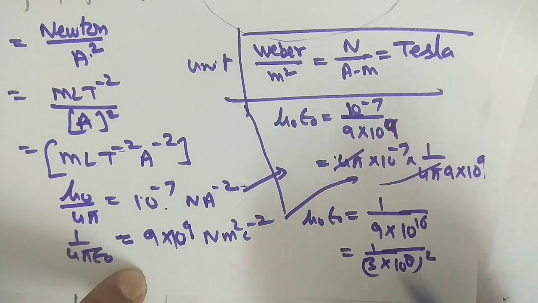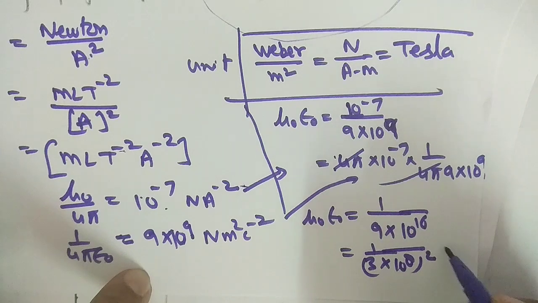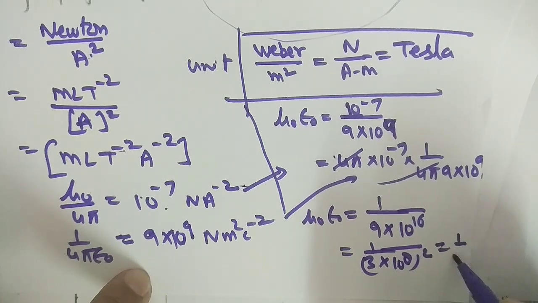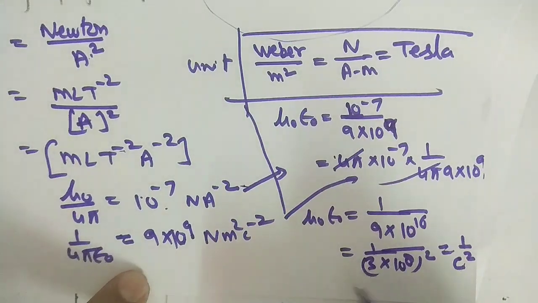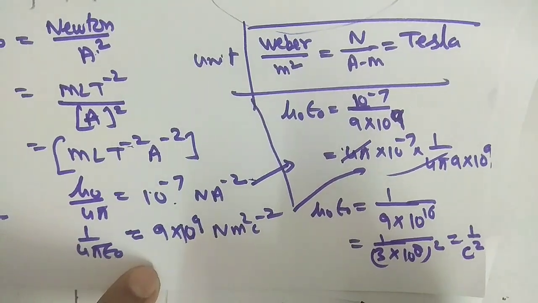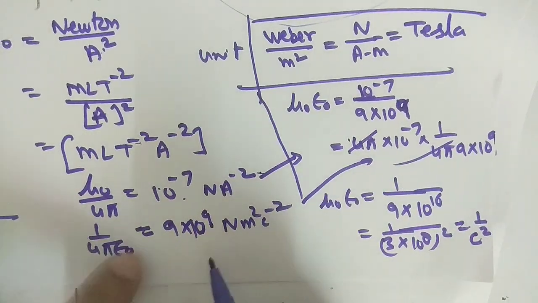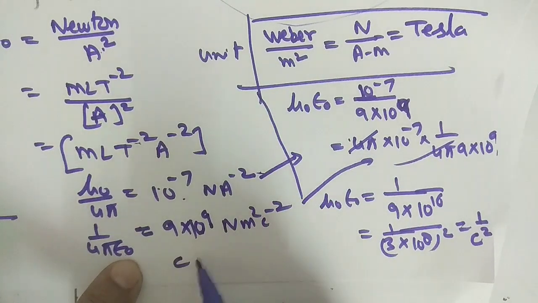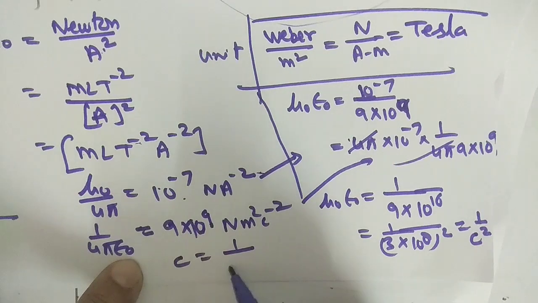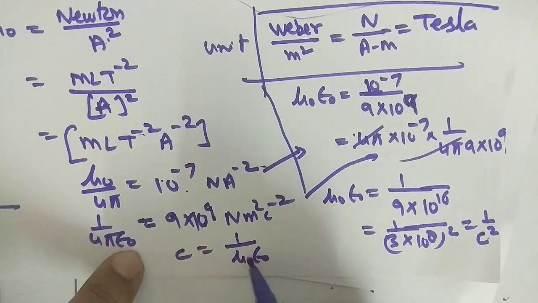And what is this 3 into 10 to the power 8? It is the speed of light in vacuum, so it is 1 upon c square. So what you found here is that c is equal to 1 upon the square root of mu naught epsilon naught.